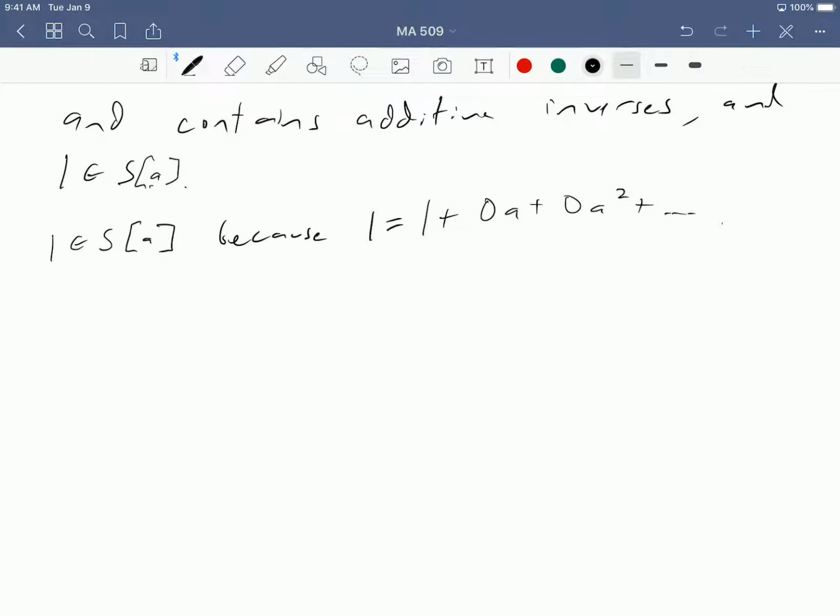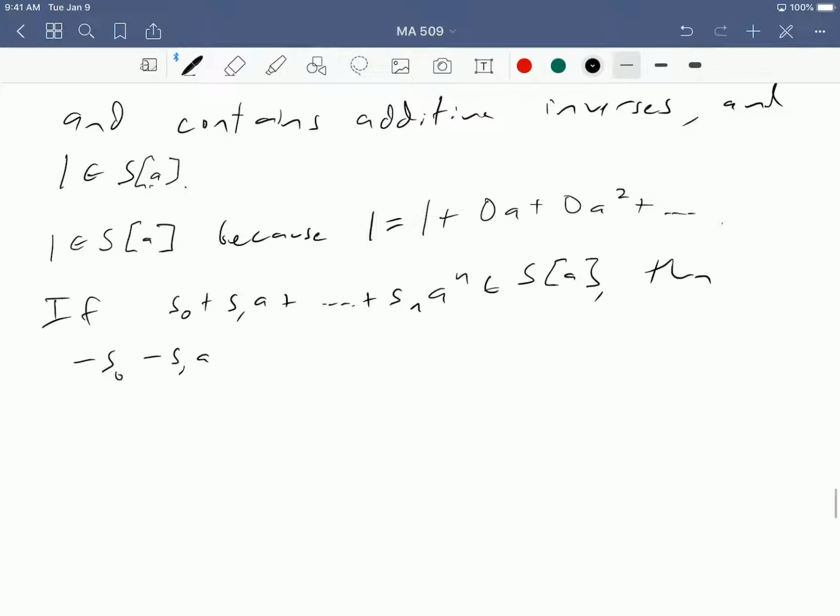Okay, how about additive inverses? So if S0 plus S1A dot dot dot up to Sn a to the n is in S adjoin A, then negative S0 minus S1A minus dot dot dot minus Sn a to the n is also in S adjoin A, as negative S0, negative S1, dot dot dot up to negative Sn are still in S. So S was a subring.